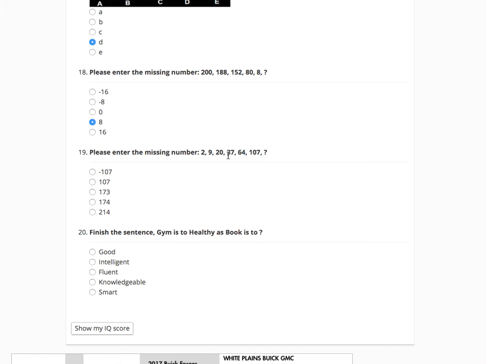It's 43, right? So that changes the game, actually. 43 minus 27 is 16. So the difference between the differences here also change, right? The difference between the first difference is 4, and then there's 6, then there's 10, then 16. So each time it rises by 2.